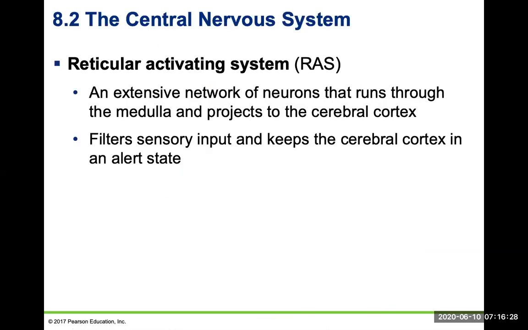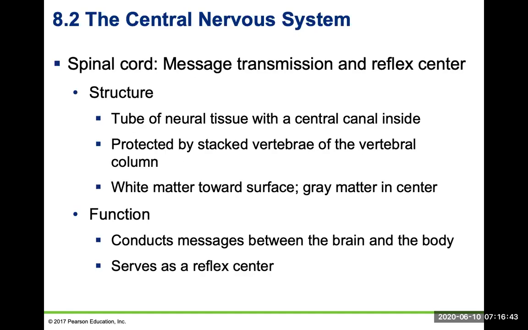The reticular activating system is an extensive network of neurons that runs through your medulla and projects to the cerebral cortex. It filters all sensory information and keeps your cerebral cortex in a constant alert state.